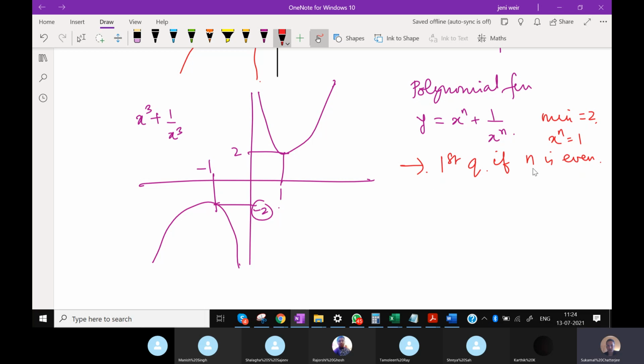So if n is even, that means if the power is even, then y will lie only in the first quadrant. If n is odd, then it will lie in first and third quadrant.